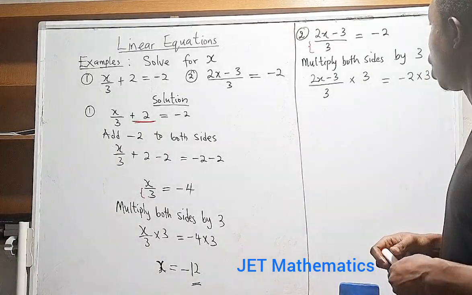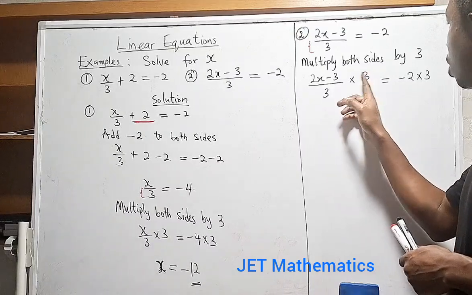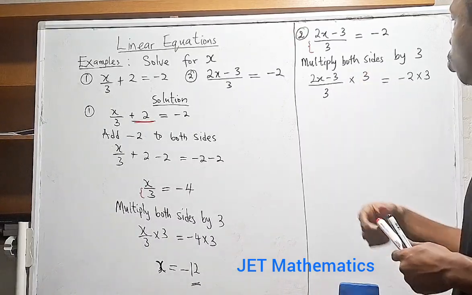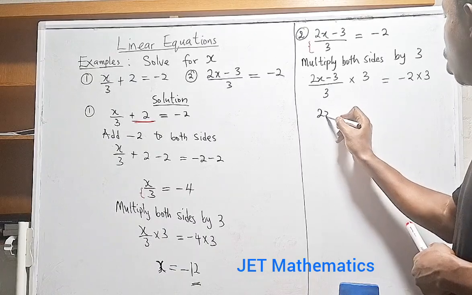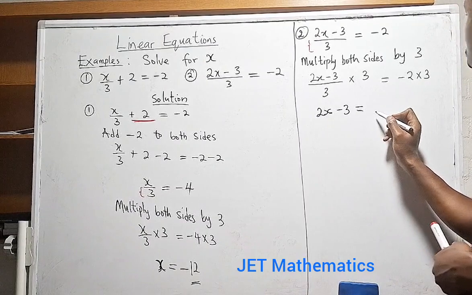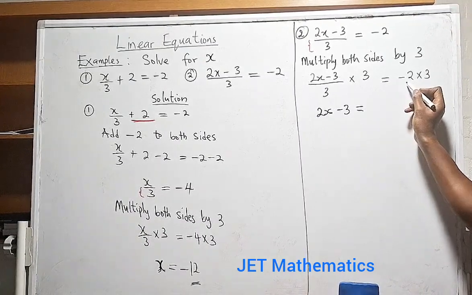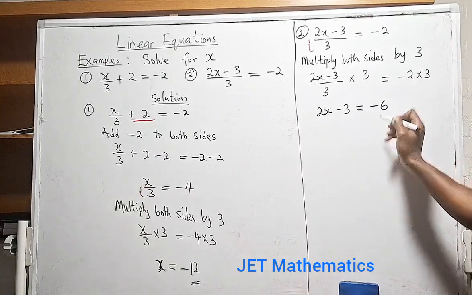Okay, now the next thing we'll do is 3 cancels out with 3. 3 divided by 3 is 1. So we'll be left here with 2x minus 3 is equal to minus 2 times 3 gives us minus 6.